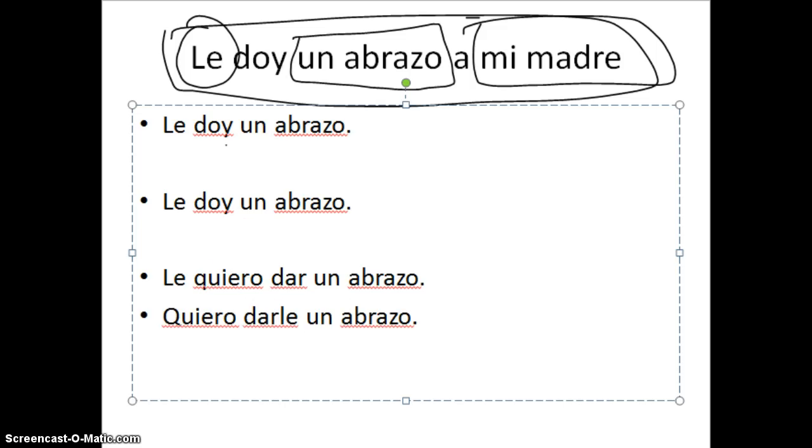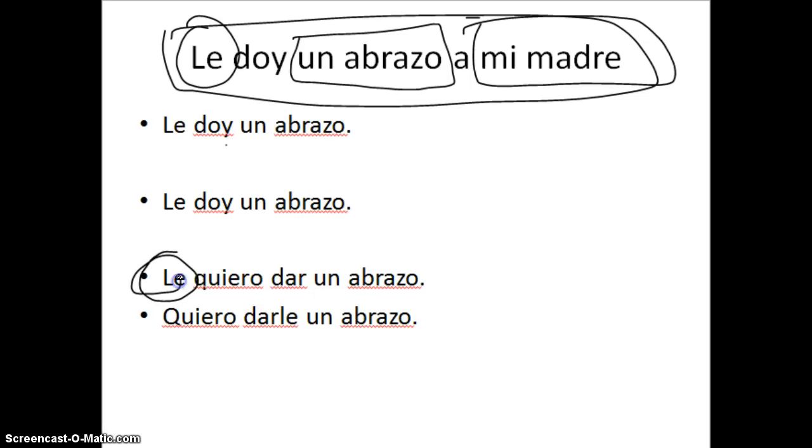Alright, so as we look here, I can put it before a conjugated verb, or I could connect it to a verb in the infinitive. Okay? That is how we can connect our indirect objects, the same way that we connect our direct objects.